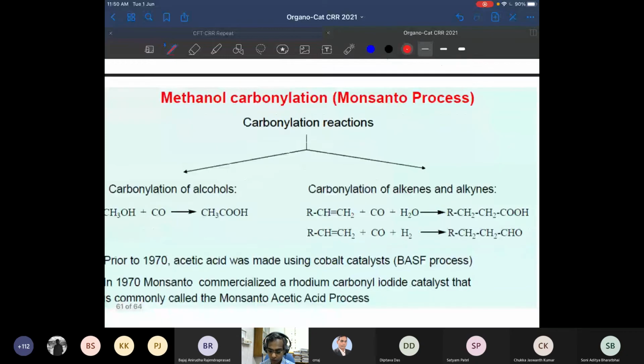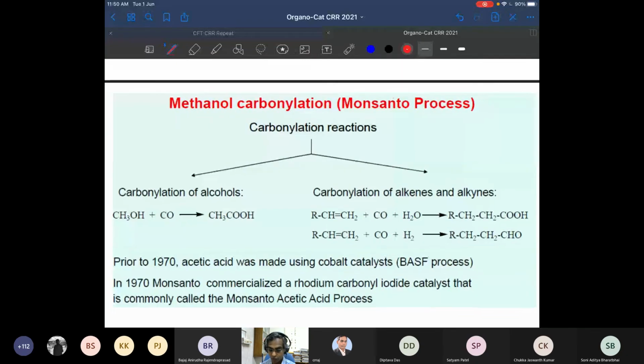This process is what we call the Monsanto process, named after the one who developed it. Another process is there, Cativa, which involves an iridium complex. We are not going to talk about the Cativa process. We talk only about the Monsanto process: carbonylation of methanol to give you acetic acid.